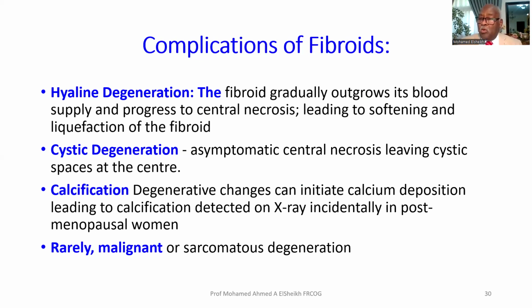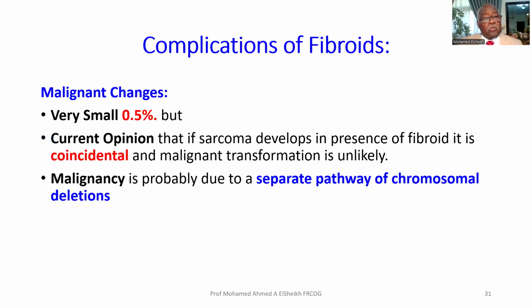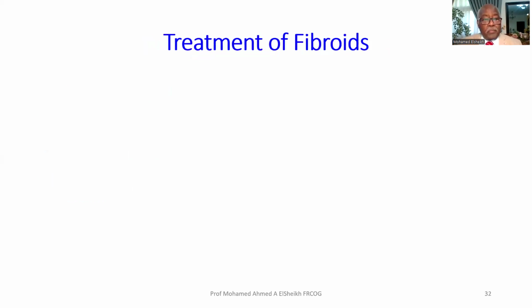Leiomyosarcoma usually arises de novo, not as a complication of a fibroid. The current opinion is that a sarcoma developing in the presence of a fibroid is coincidental, and malignant transformation is unlikely. Malignancy is probably due to a separate pathway of chromosomal deletion.